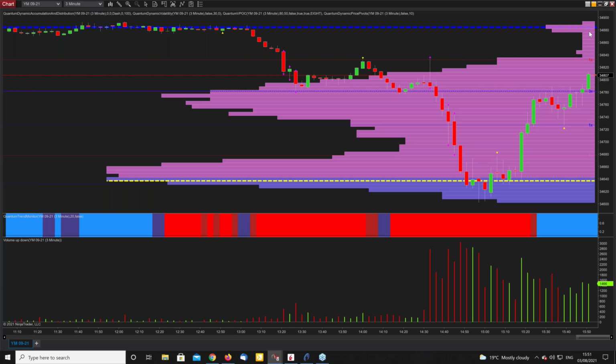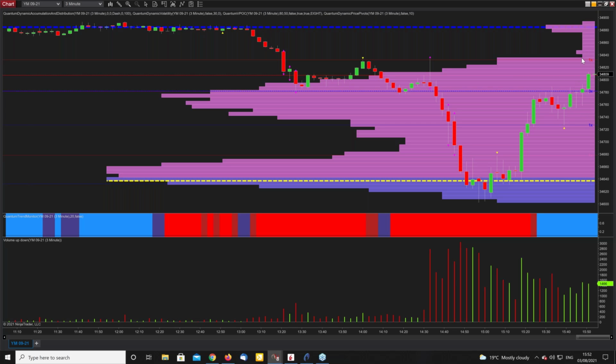So you're using the volume point of control histogram not only to find out where your VPOC is, to consider trading breakaways which are confirmed with volume, as they were here, but also to use the histogram itself to help you once you're in a position.